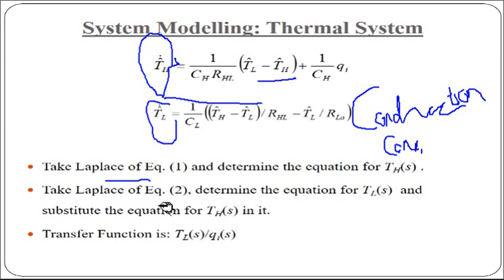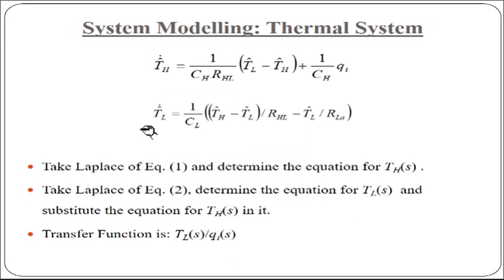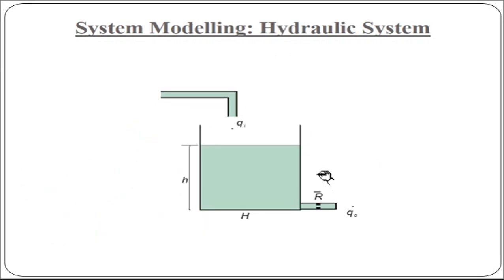And what is meant by convection? Convection means heat transfer from a solid to other media or the air. So basically we have two functions, TH and TL, in which we have to convert this system into the system model.